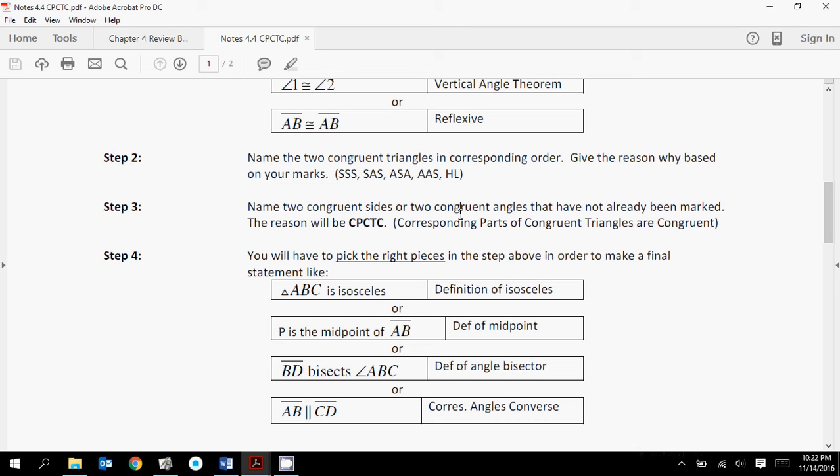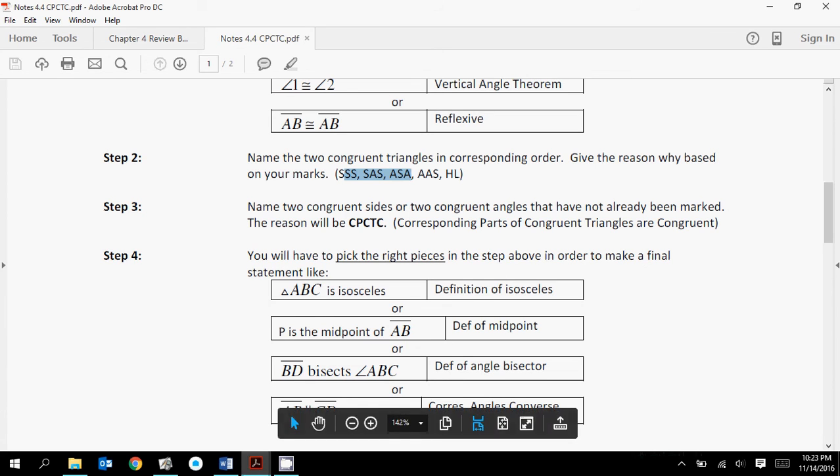Looking at number 1 more specifically on your test review, corresponding parts are the parts that match between the two triangles of congruent triangles. That's what's special about them that we proved earlier. Step 2 there, those corresponding parts, we're saying they are congruent.